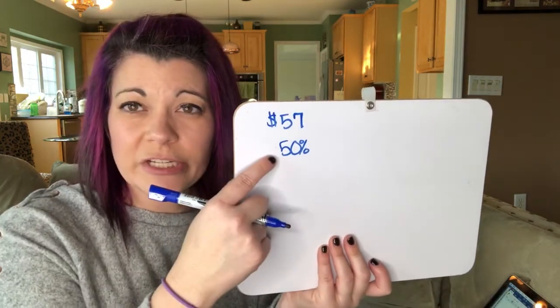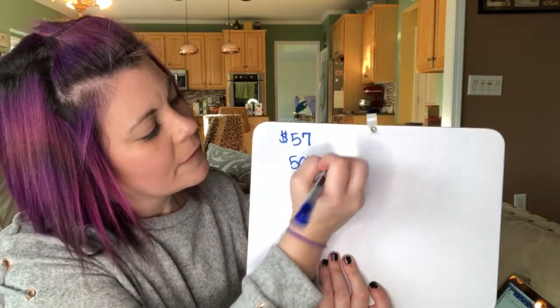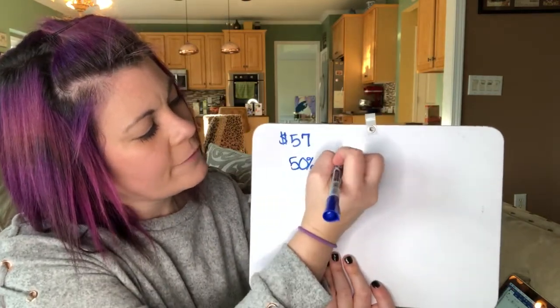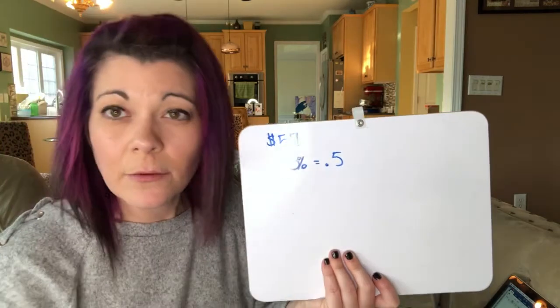So really what they're doing is they're charging the $57 and then marking it up by 50%. So they're making a 50% profit. So what you want to do is find 50% of $57. So we're going to change this to a decimal. 50% as a decimal is 0.5 because we move it two places to the left.